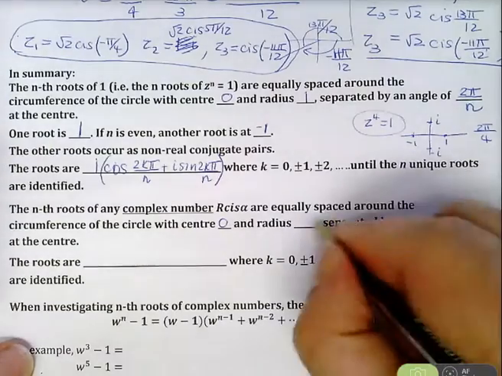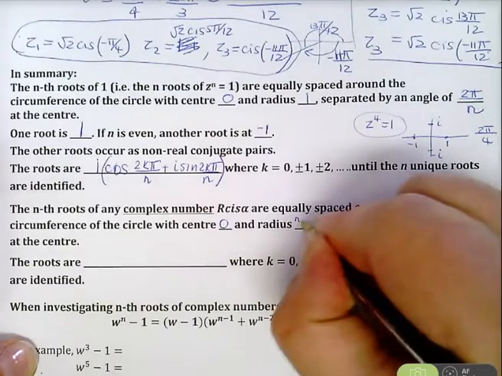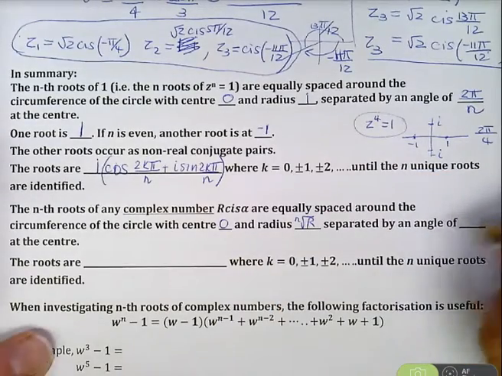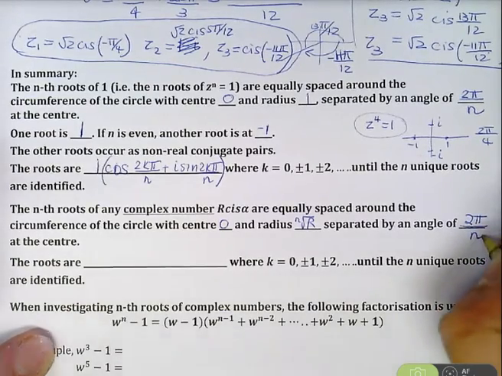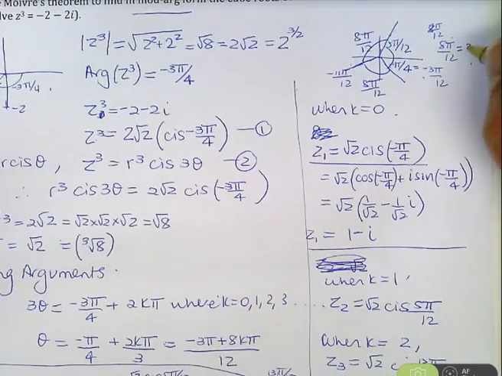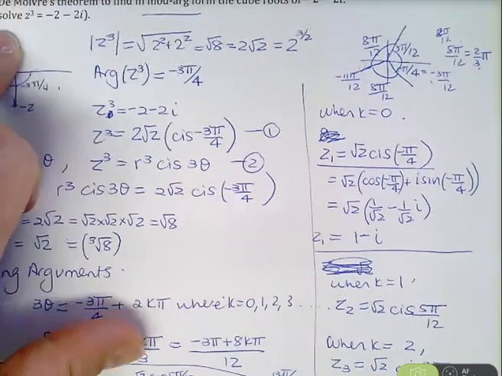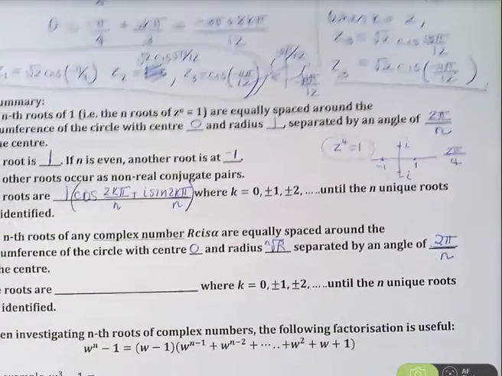The radius will be the nth root of r, and separated by an angle of, again, 2 pi on n at the center, because 8/12 pi is 2/3 pi, 2 pi on 3, and that was for 3 roots in that example.